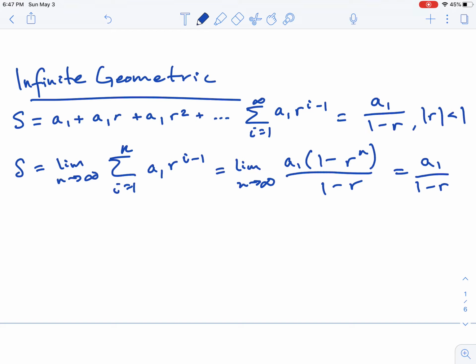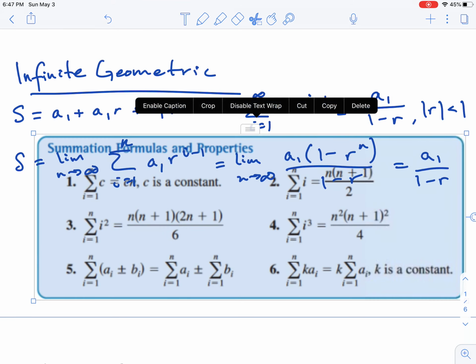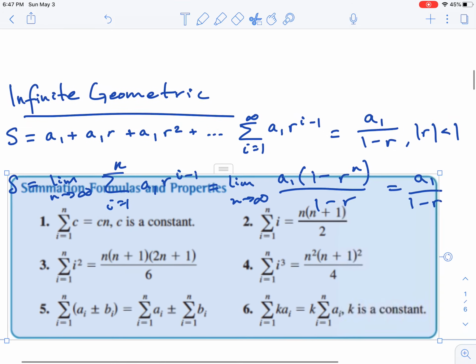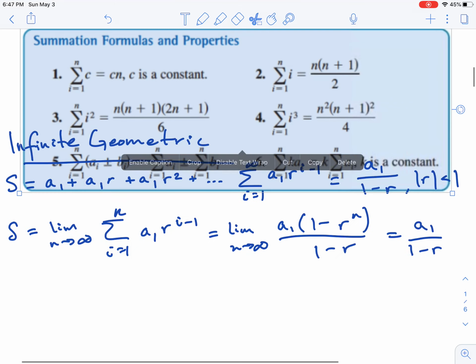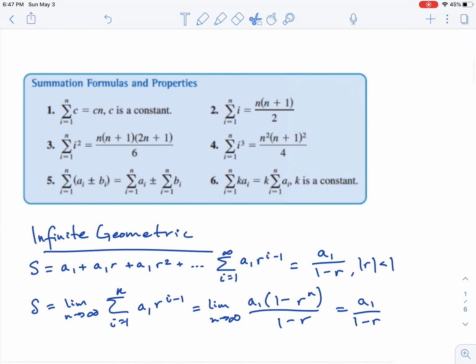Well, we now have a list of summation formulas and properties that we can use to evaluate finite and infinite summations. And this one is actually in your textbook, at the beginning of 11.5. I'm just going to go ahead and copy it and paste it here. What I'll often be doing is having you refer back to these.